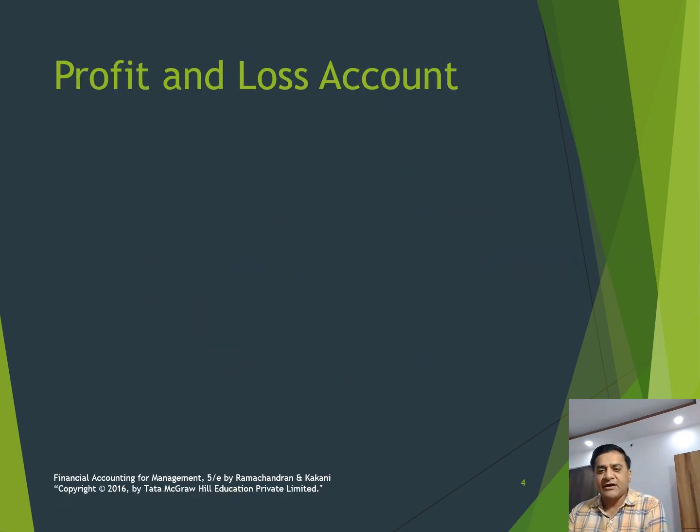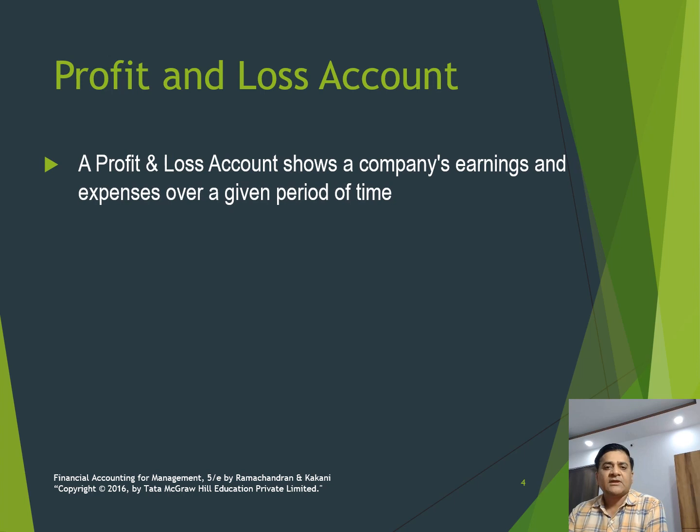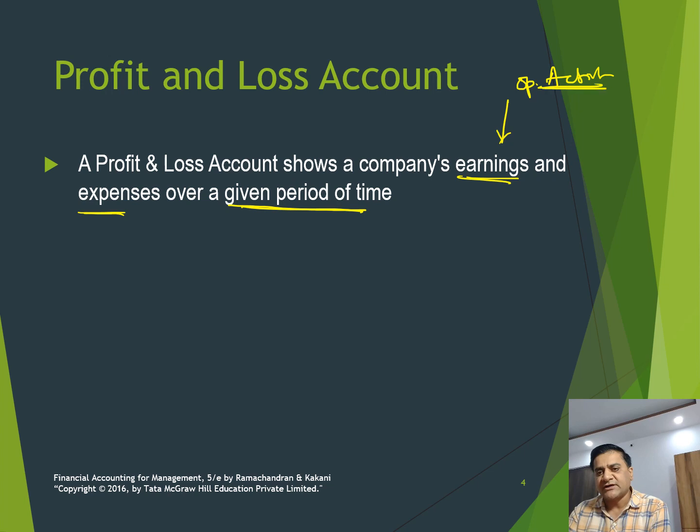So what is a profit and loss account? A profit and loss account shows the company's earnings and expenses over a given period of time. You need to understand these three things. These are the earnings from operational and other activities, various activities of an organization. What are the earnings? What are the expenses which have been incurred in order to make these earnings?